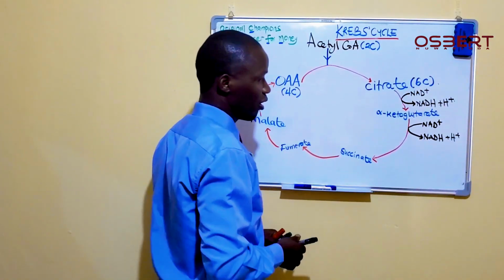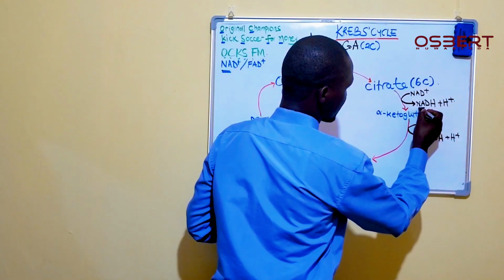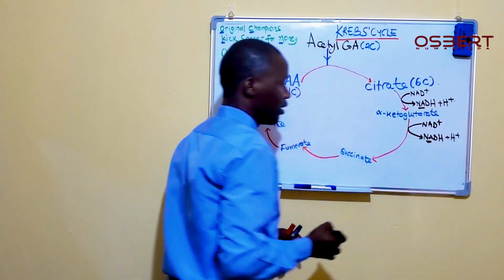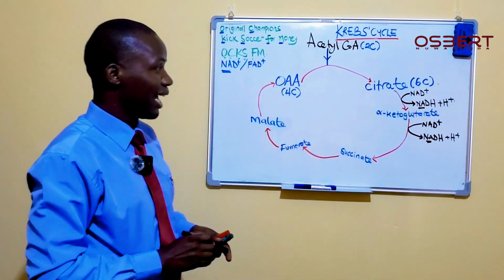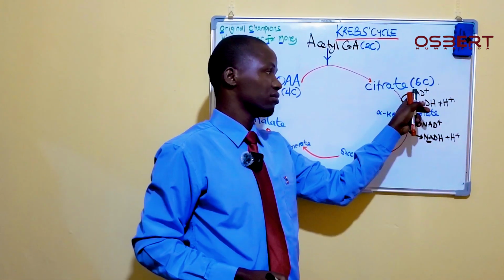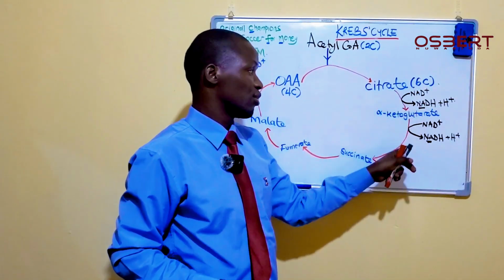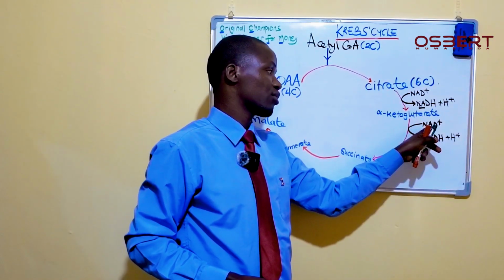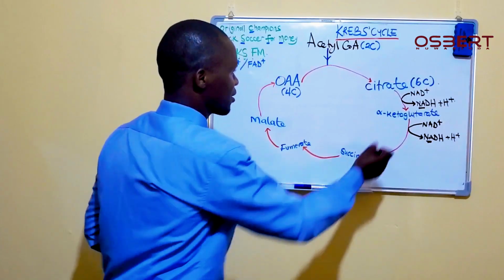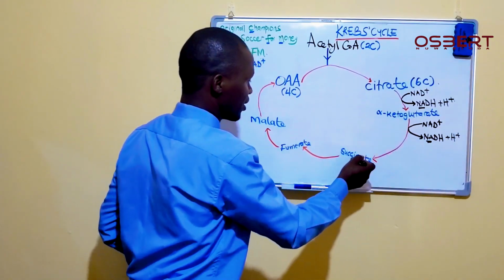Now, of course, what we are basing on majorly is this one here. This is our main concern here. Now we are saying NAD is going to help us remove hydrogen and remove electrons at this point, for this molecule to turn into this.